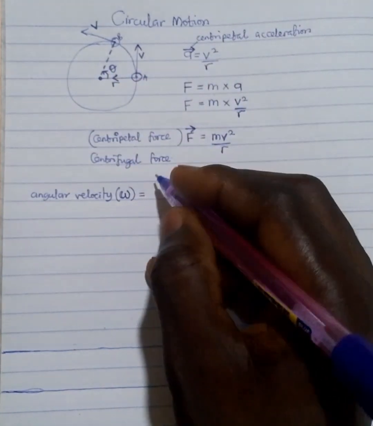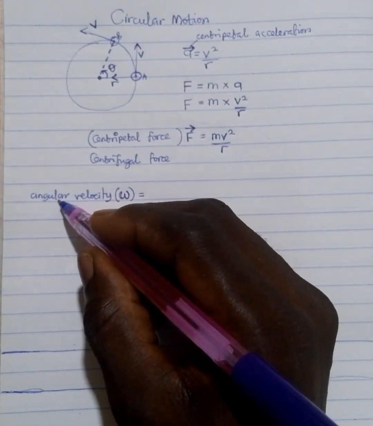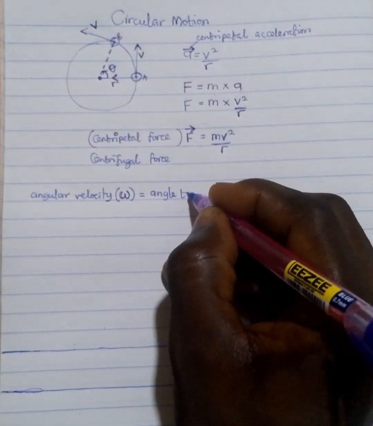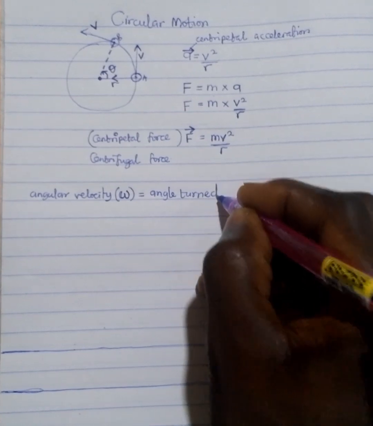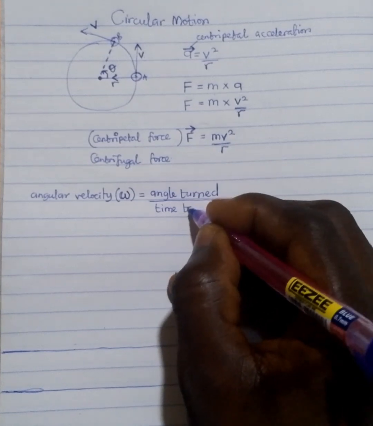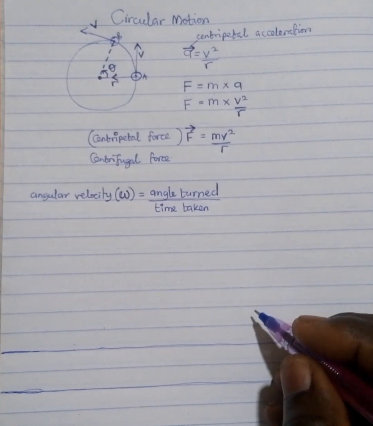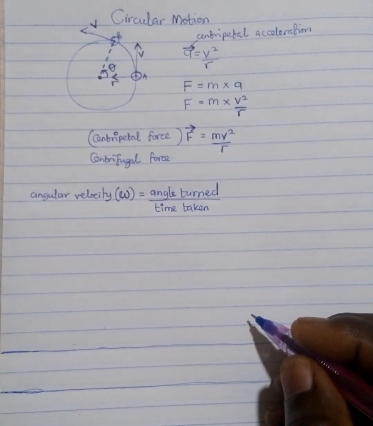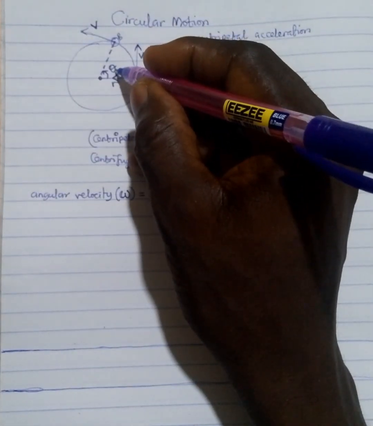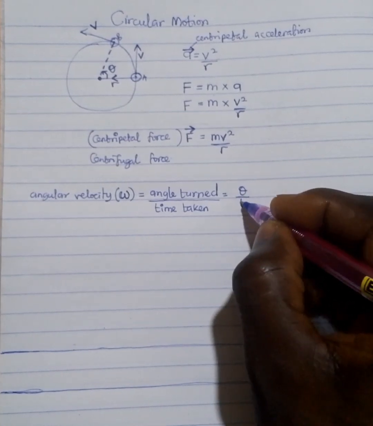If we are to define angular velocity, it is in terms of the angle. It is the angle turned divided by the time taken. As in this diagram, our angle turned will be theta divided by the time taken.